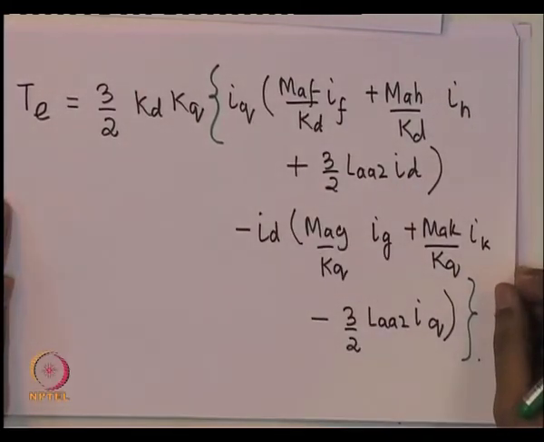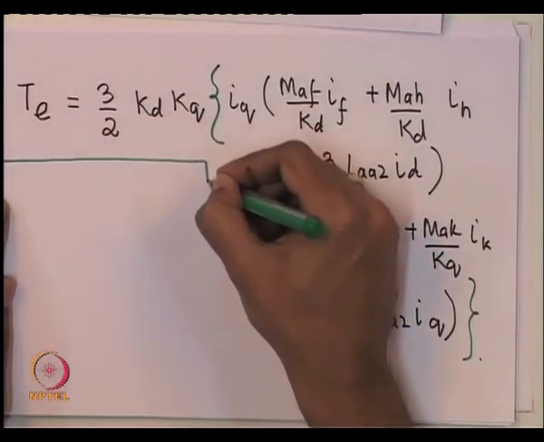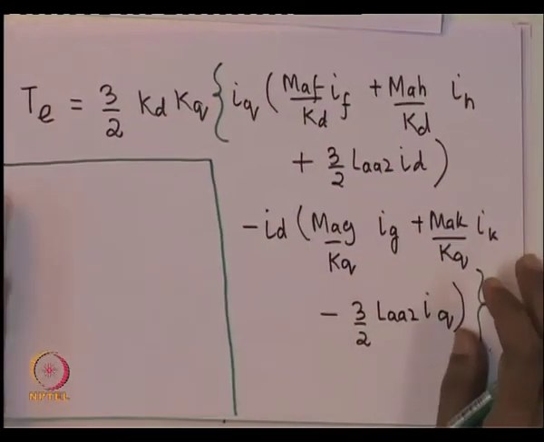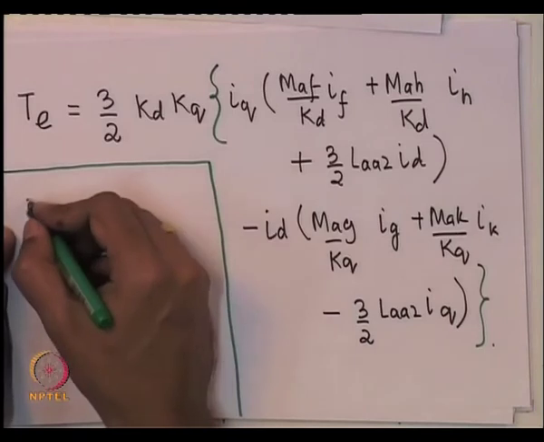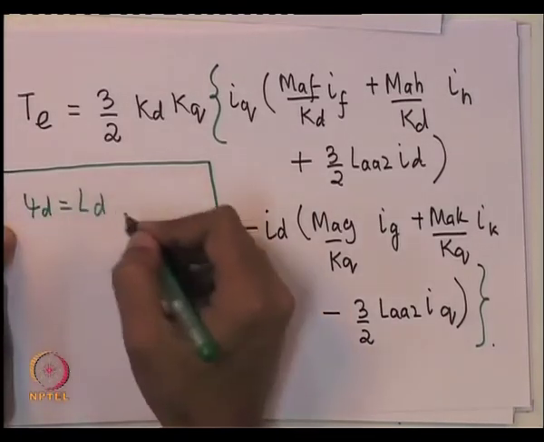But we know that, so I will just partition this here. We know that psi d is nothing but Ld Id. This comes out from the flux equation.